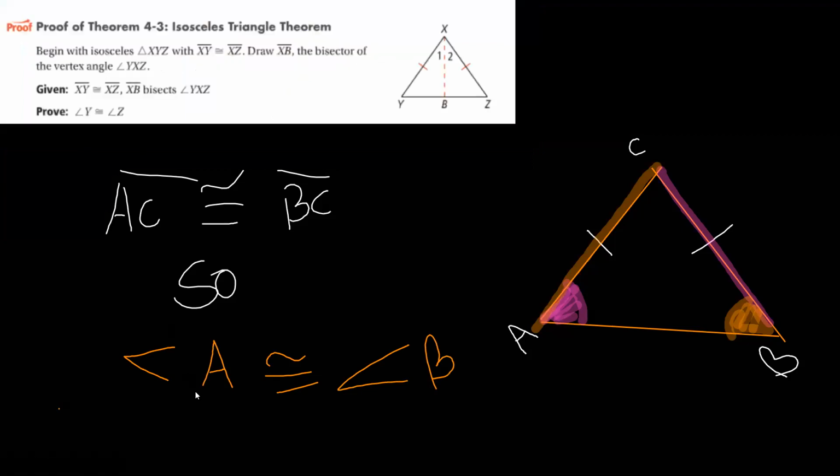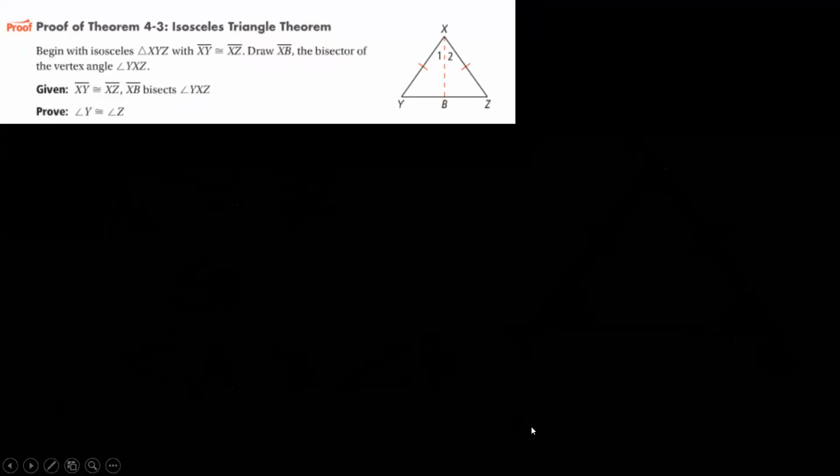Now, let's prove this theorem. In this theorem, if you want to prove that if two sides are congruent, then their opposite angles will be congruent, you need first to draw a triangle.